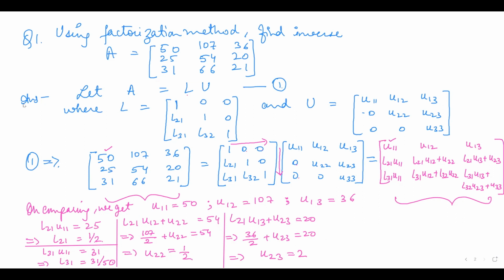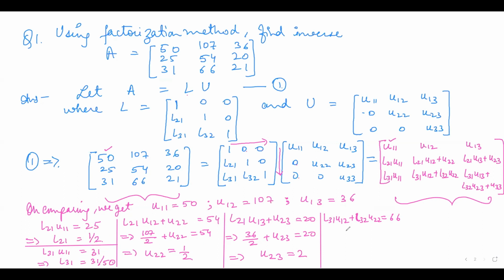Then the next value, L31 U12 plus L32 U22 is equal to 66. So putting all the values that we have calculated up till now, L31 I have calculated as 31 upon 50.